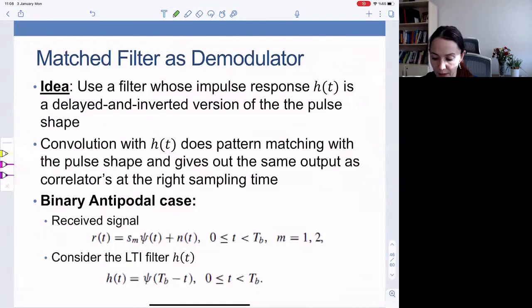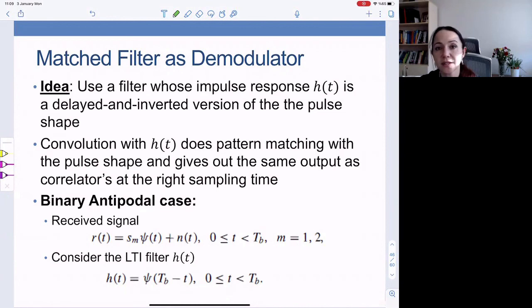Now, next time, we will talk about the matched filter as demodulator. I will introduce the matched filter and prove the optimality of why it is an optimal demodulator that provides for us a sufficient statistic for optimal detection.